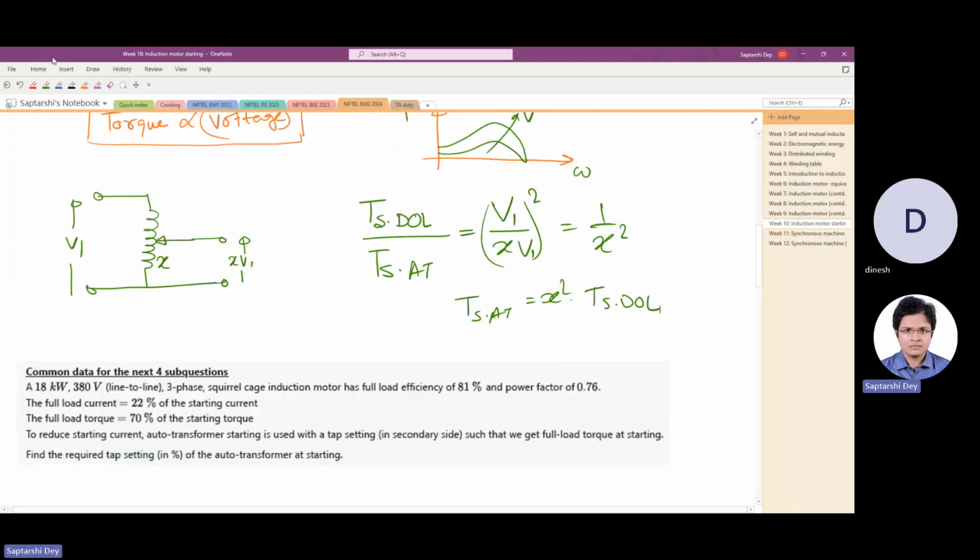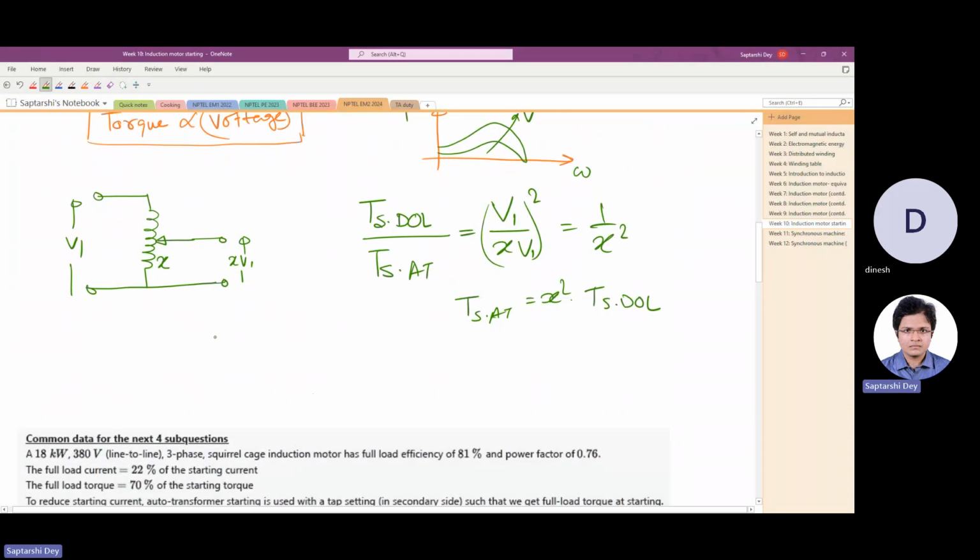And if you look at the current, we are talking about starting, so the Zs is the same in both the cases. So the current I, which is E by Zs, is the starting current Is.